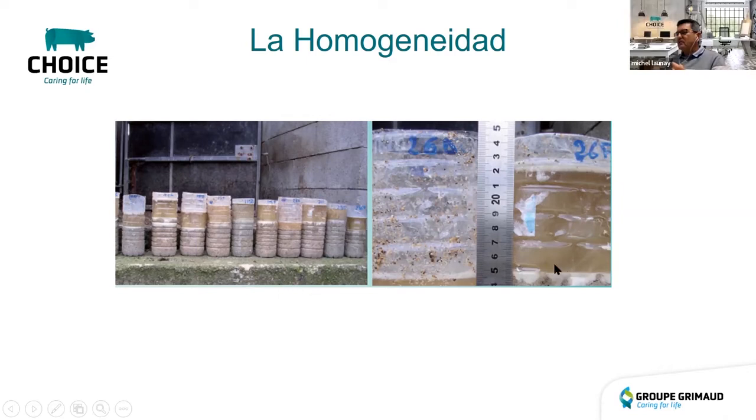You can see on the second picture that we measure the height of the total liquid. Here it's 22 centimeters, and the sediment is around 15 centimeters. That is what we record and what is important to measure. So you have around 10 samples like this.